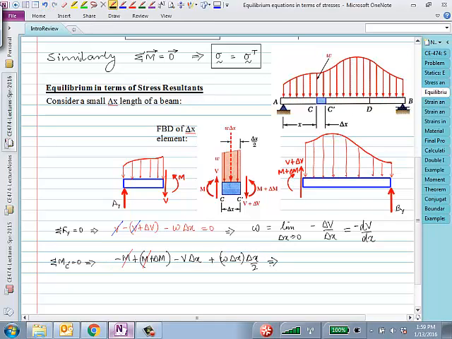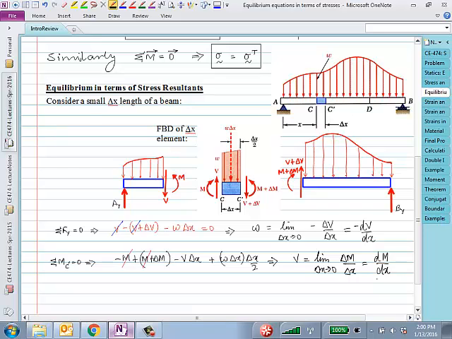Therefore, what we should get is that V is equal to the limit delta x tending to 0 of delta M over delta x, and that's simply dM/dx. That's basically where we get the relationship that the shear force diagram looks like the derivative of the bending moment diagram, right? So essentially, these are equilibrium equations for beams.